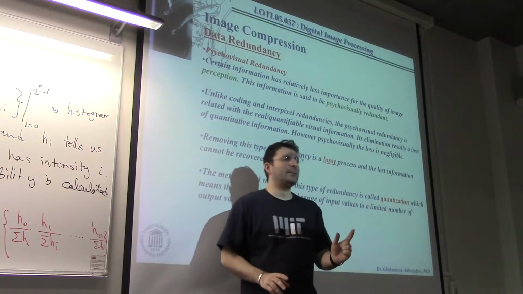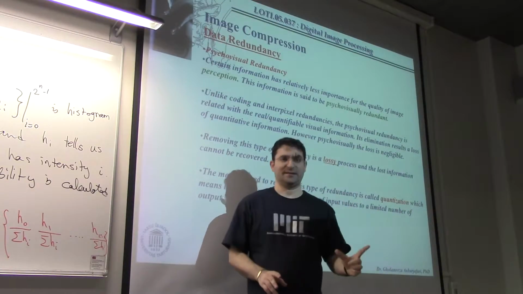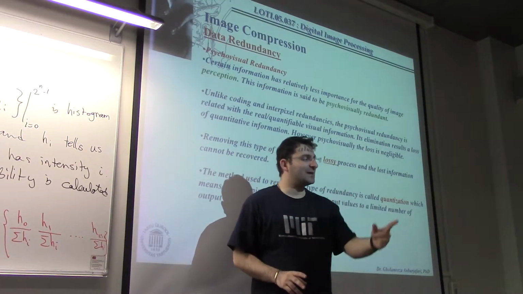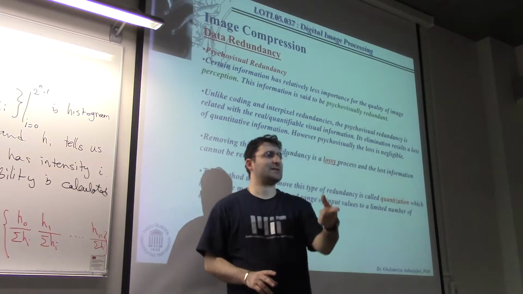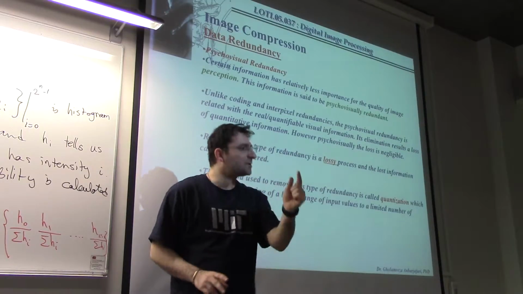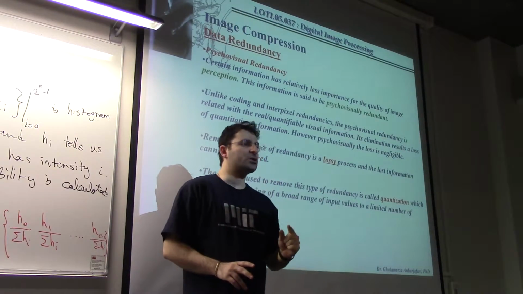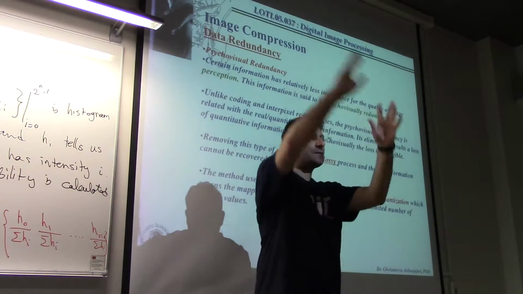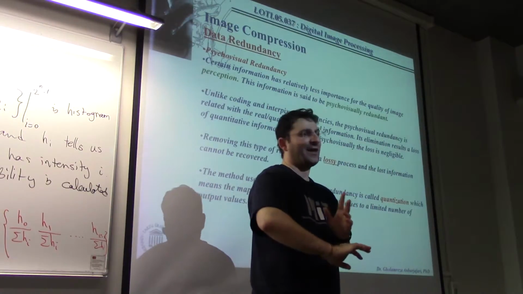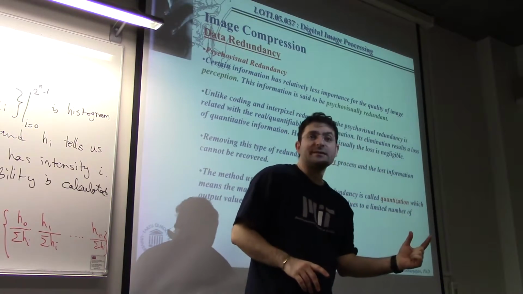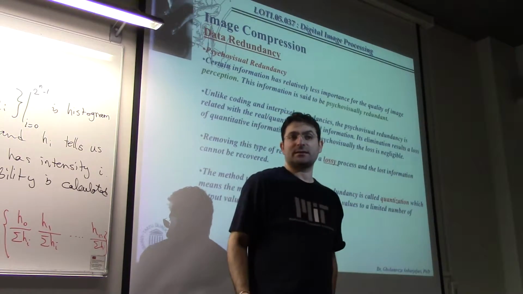For the robot, it's important to see that there are humans here. I don't care if the robot understands that this is Egis, or this is Fatima, or this is Ozan. It's important to see that there are humans. So I can compress it a lot by getting rid of lots of details on, let's say, the face, hair, and many other parts. I can compress it so much that I even get rid of the eyes.